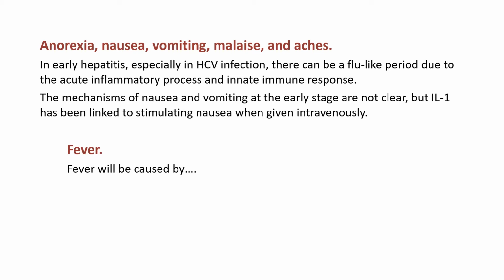Fever. Fever is going to be caused by what, do you think? Exogenous pyrogens. So in this case, we could have HCV. HCV would be an exogenous pyrogen, or parts of it, but also endogenous pyrogens. Bearing in mind we have steatohepatitis, we have an inflammatory response.